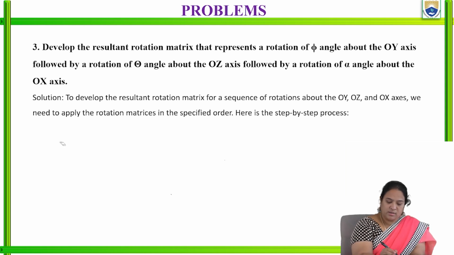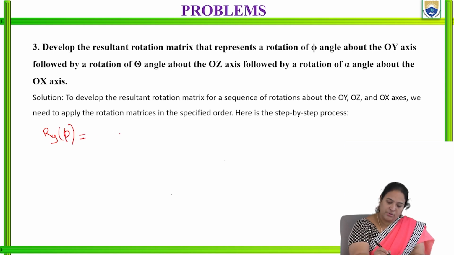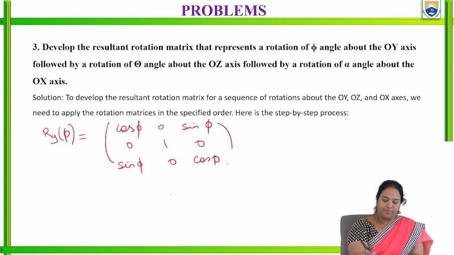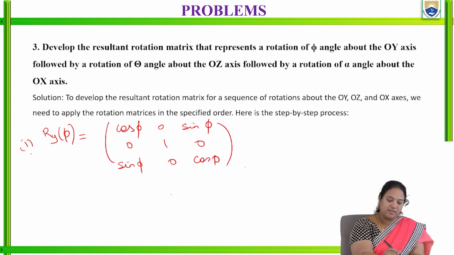First we need to consider the rotation Ry of pi, which is equal to cos pi 0 sin pi, 0 1 0, minus sin pi 0 cos pi. Right? This is the first matrix.